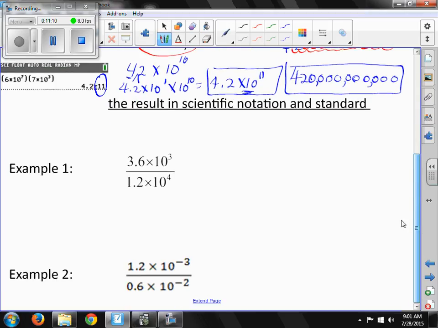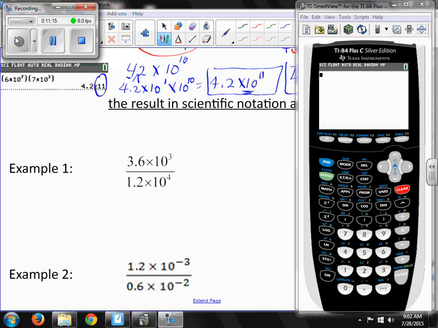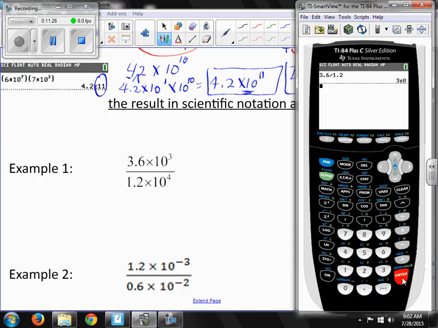Okay, let's look at the division. I will use my calculator to do 3.6 divided by 1.2, and that turns out to be 3, just 3, because it's times 10 to the 0, which would just be 3.